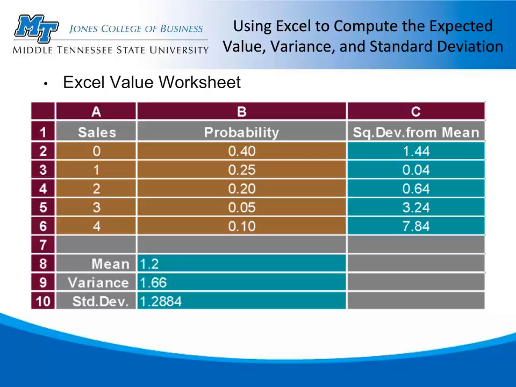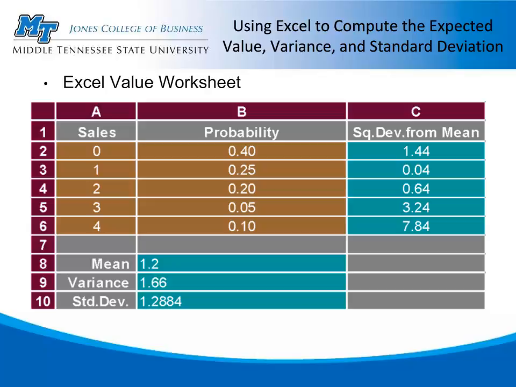Now this slide shows the values that were calculated by those formulas in Excel. When you take the 0 times 0.4, the 1 times 0.25, the 2 times 0.2, the 3 times 0.05, and the 4 times 0.01, and take the sum of all those products, you get the 1.2. But it's a sum product function that you're using for that calculation. Now the value that's in B9 is also a sum product function, but you're taking the 0.4 times the 1.44.